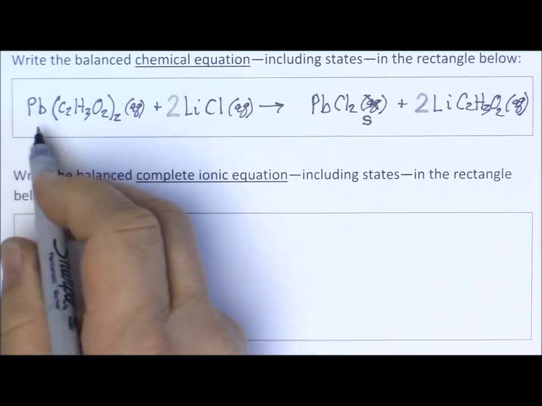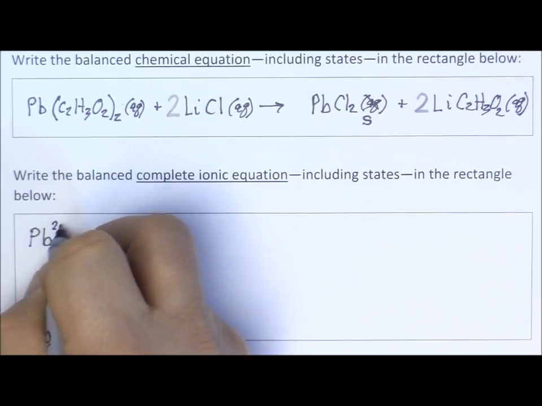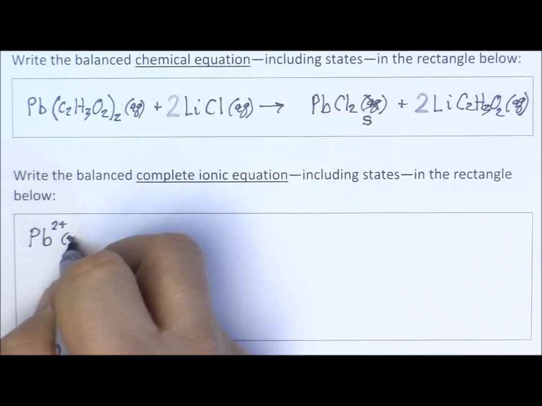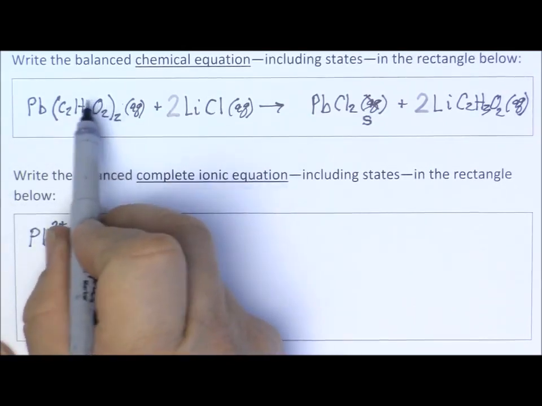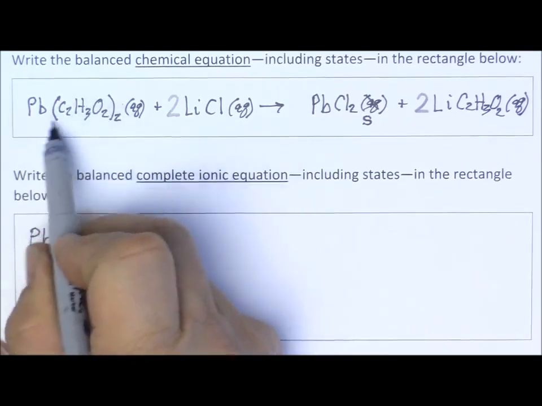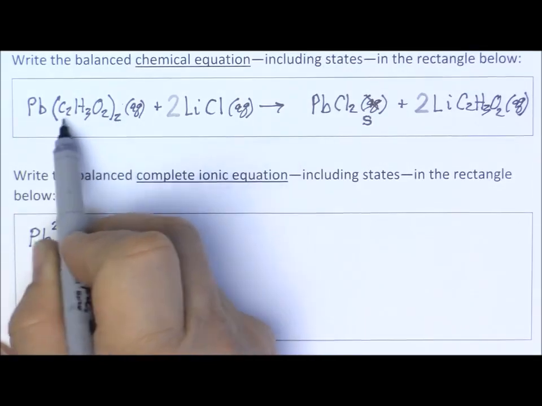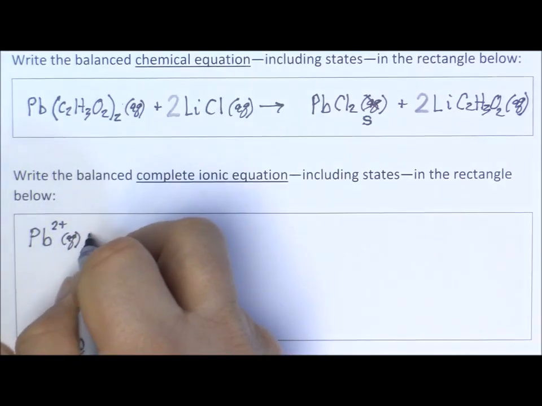On the left side we have a lead ion. That will be aqueous. We have 2 of these acetate ions, and it does not remain as this acetate with a subscript 2, but you should bring the 2 out in front to designate, yes, 2 separate acetate ions.